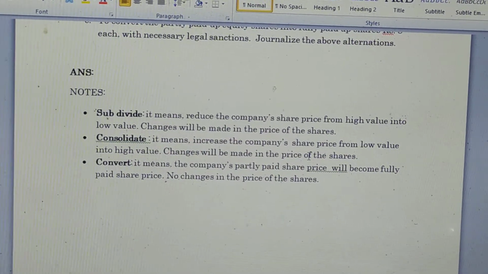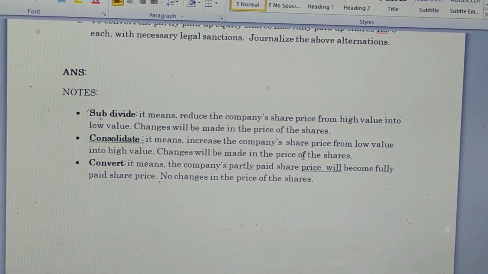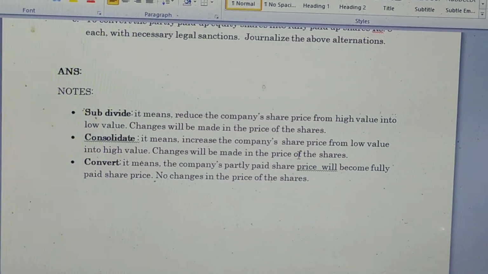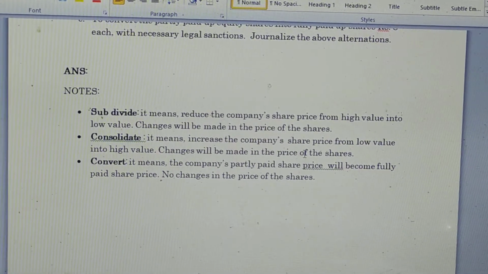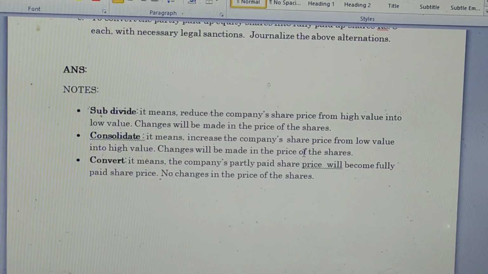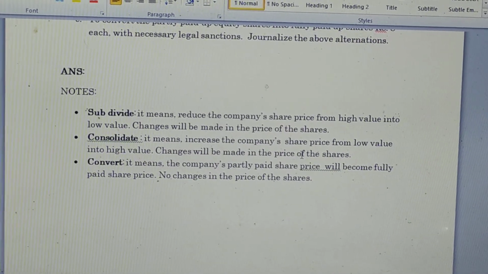There are no changes in the value of the shares, the number of the shares, or the price of the shares. The name only will be changed to fully paid shares instead of partly paid shares.